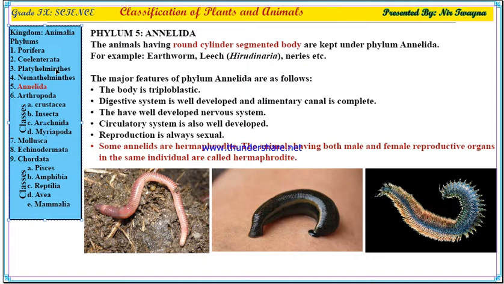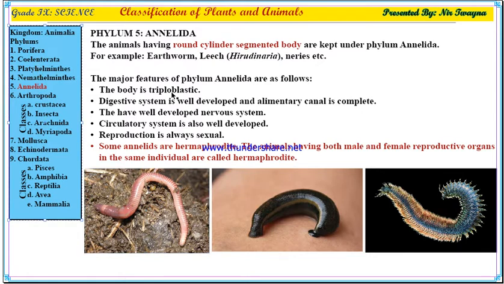So if you cut them, they will not become two individuals, but they will die, because their head cannot perform the function of the tail, and the tail cannot perform the function of the head, and all parts are essential for them to survive. That's why if you cut them in half, they will not become a new individual, but they will die.